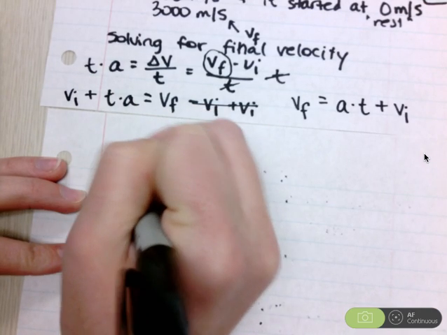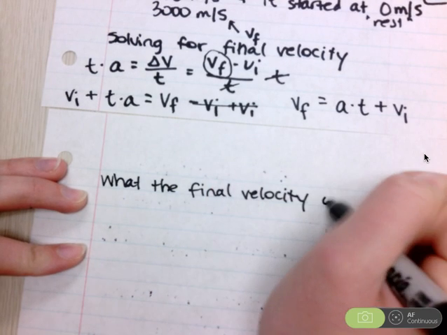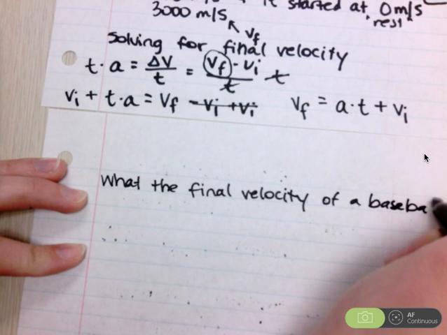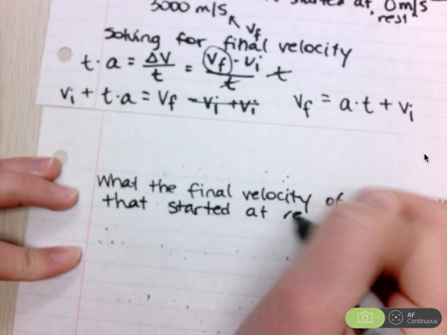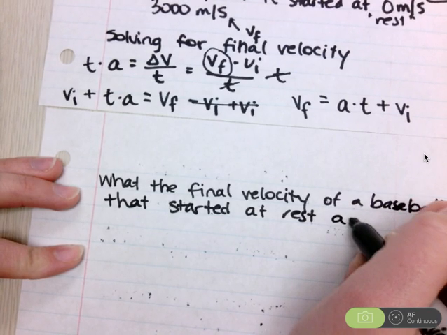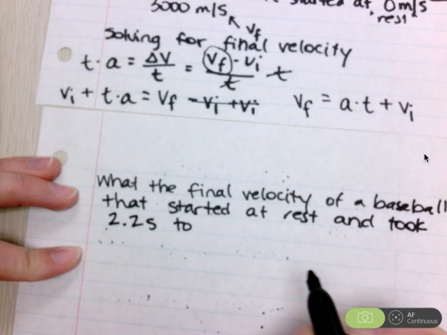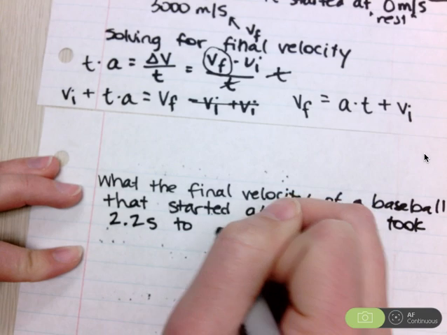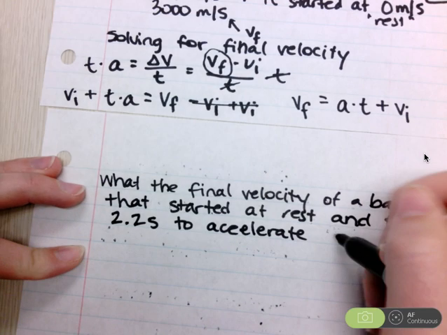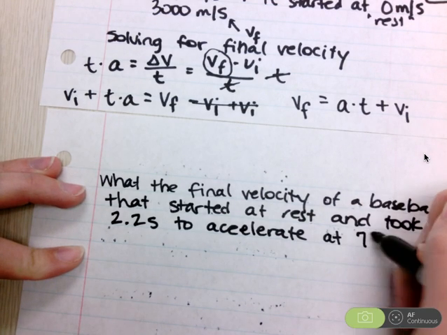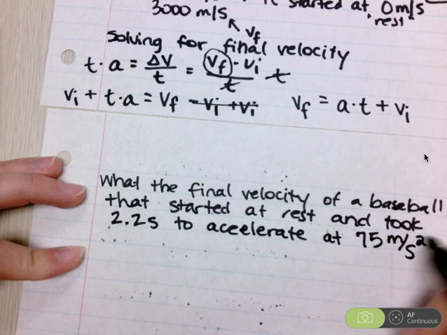What's the final velocity of a baseball that started at rest and took 2.2 seconds to accelerate at 75 meters per second squared, where acceleration has 2 times in the bottom.